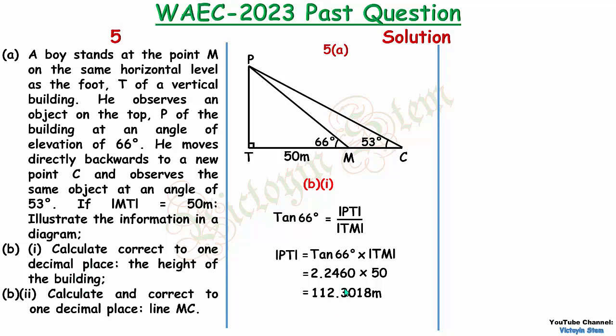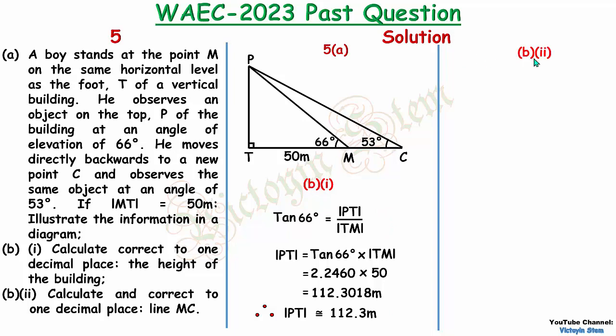The first digit after the decimal is 3. Then I'll check the next digit, which is 0. 0 is less than 5, so I'll round down. So my final answer, PT, is approximately equal to 112.3 meters.